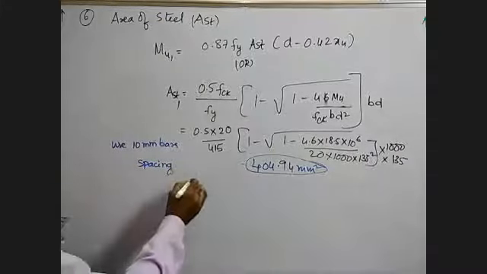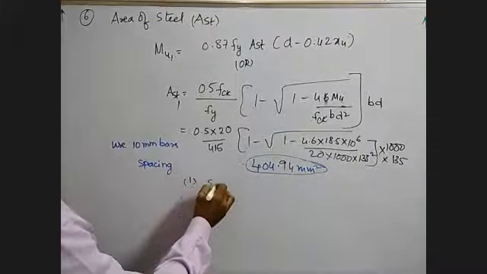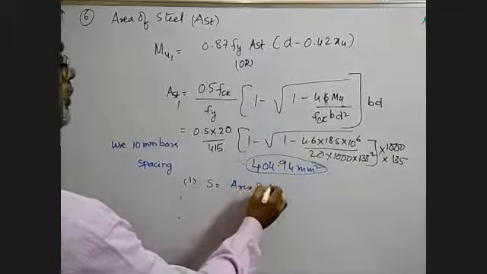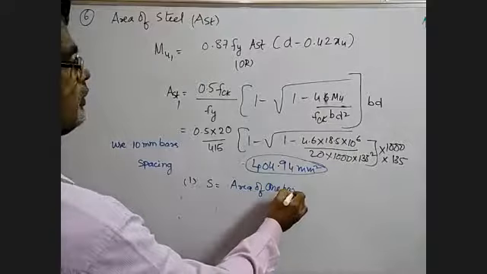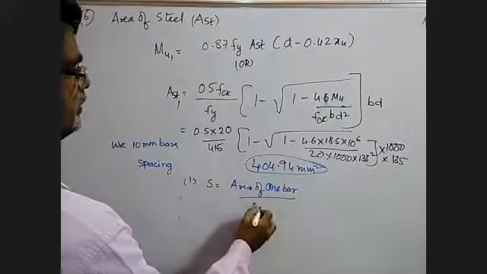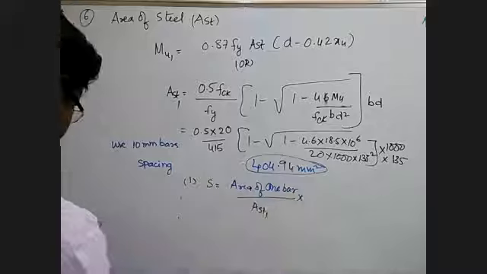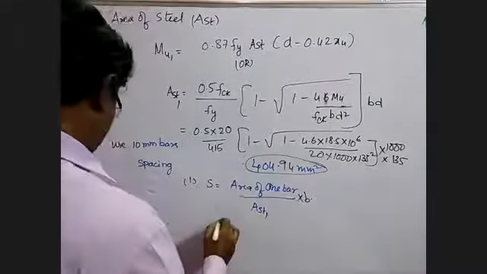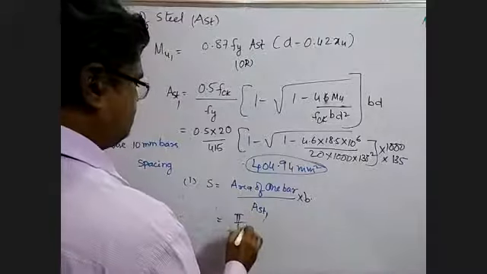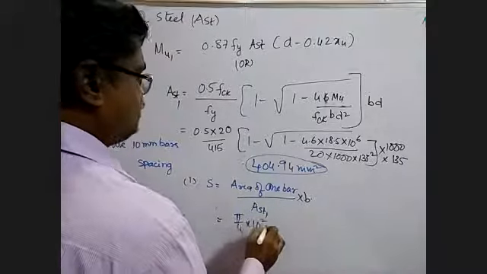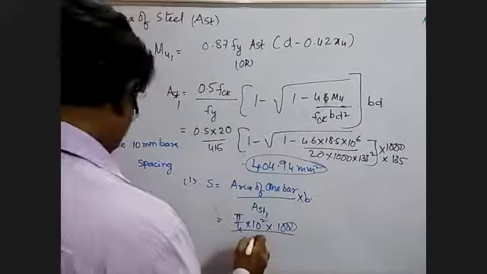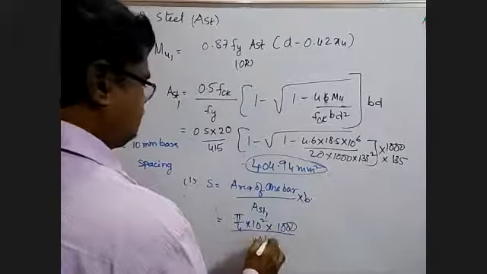Spacing S is equal to area of 1 bar by AST1 into B. Now substitute the values here, 5/4 into 10 square into 1000, B is 1 meter width, by 404.